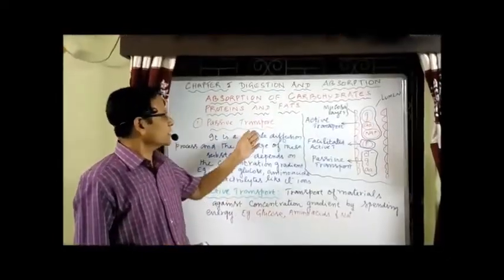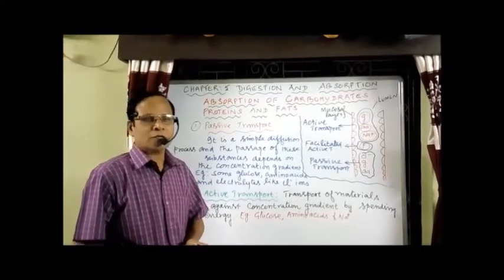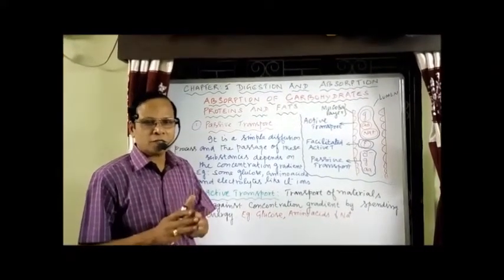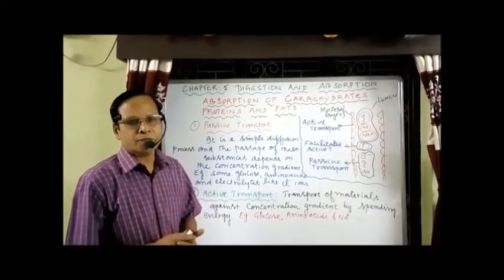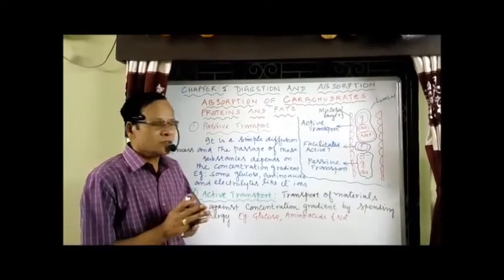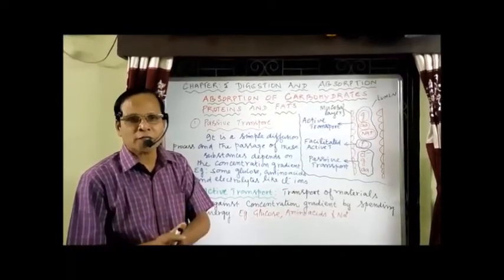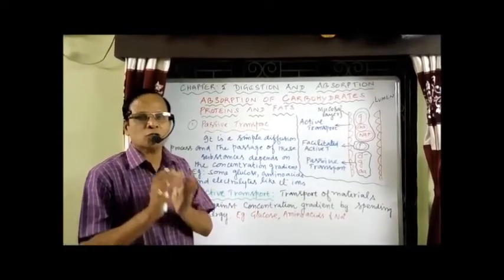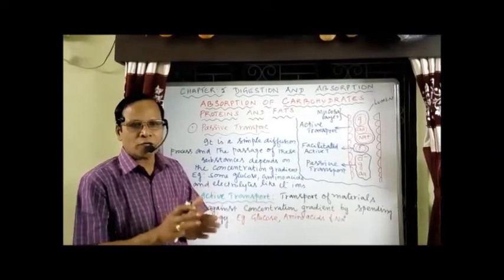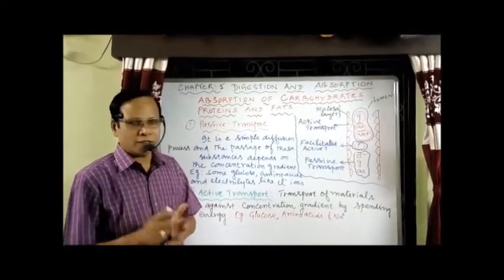Now the first one, passive transport. What is passive transport? Otherwise it is called downhill movement. That is, the molecules move from an area of higher concentration to an area of lower concentration, higher to lower, without spending energy. Downhill movement, without spending energy.